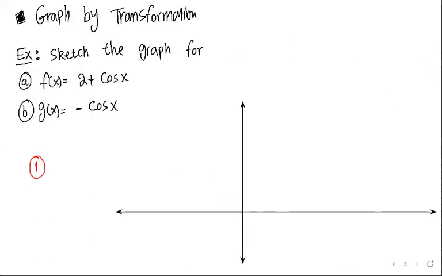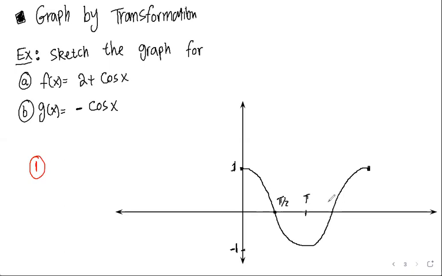I'm just going to use only the period 2 pi. This value is 1. This value here is -1. This value here is pi over 2, and this value is pi.